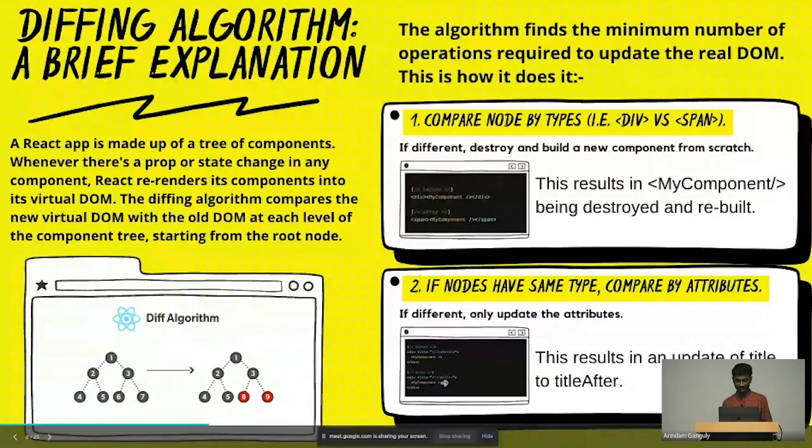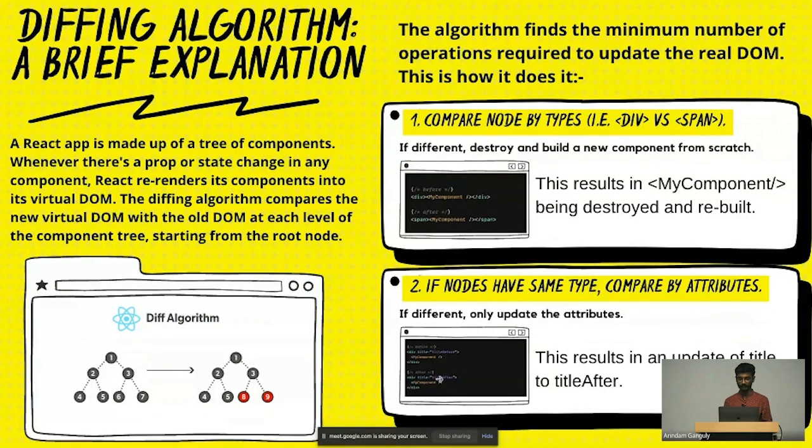And then inside the component, if you look at the child component, which is my component in this case, it does not re-render my component. It just updates the attribute's value over here. But in this particular scenario, since the parent element has been changed, earlier it was a div, and later it has been changed to a span, it actually re-renders this entire component.